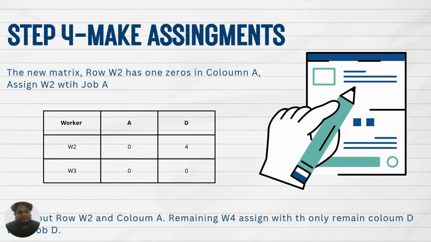In the first line itself, we can cross out row 2 and column A. So we can assign worker 2 with job A. After that, we can simplify it, leaving worker 4, who we assign to job D.